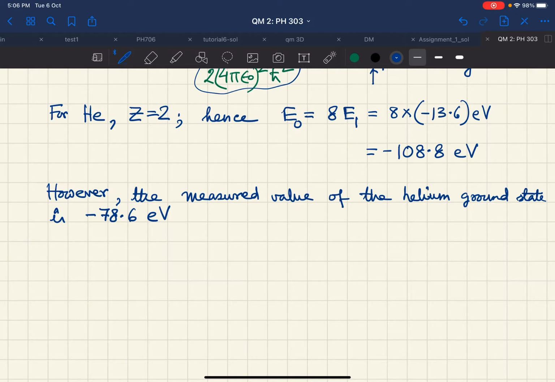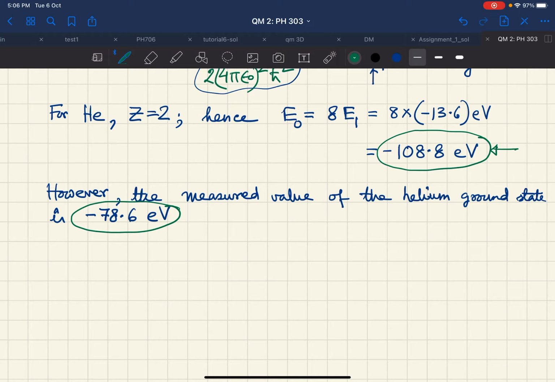So, of course, the result that we have obtained here for the ground state of helium is far away from the observed value of the ground state energy of the helium atom. But of course, to start with, this is not a bad result after all.